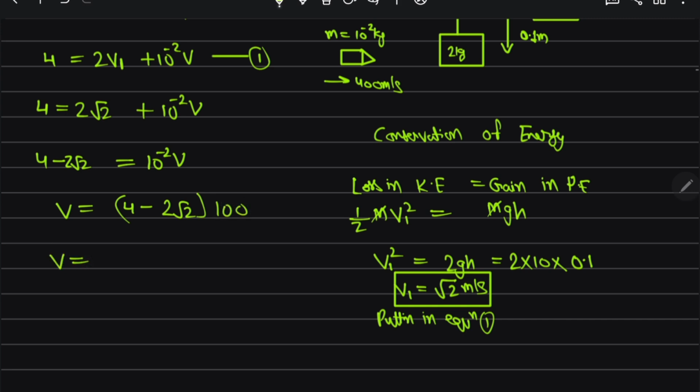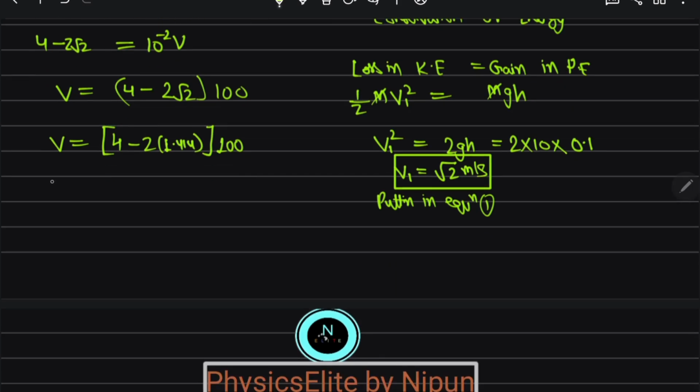So you see that 4 minus 2 into 1.414, that is 1.172, into 100.